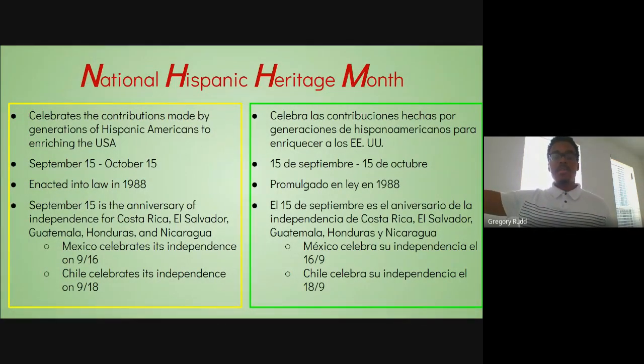Tomorrow is Mexico's celebration of its independence. September 16th is not actually when Mexico won its independence from Spain, but it is when it began its fight, its struggle for independence. So I appreciate the fact that September 16th is the day that Mexico celebrates that beginning of the struggle instead of just the end of the struggle, because to me, the struggle is what is most important.